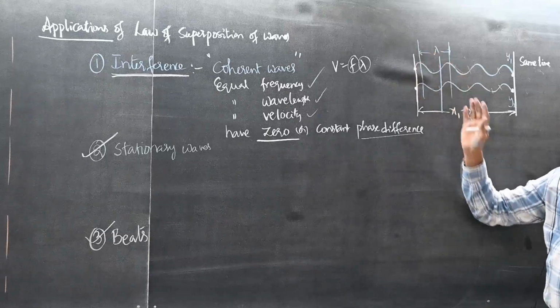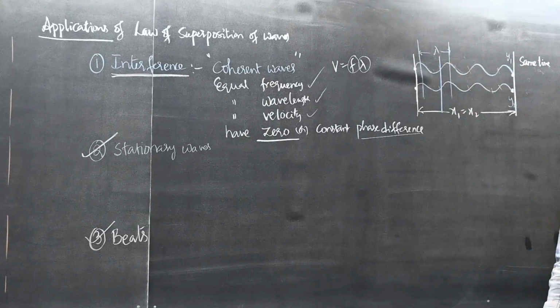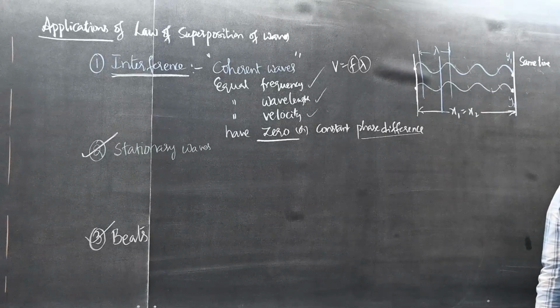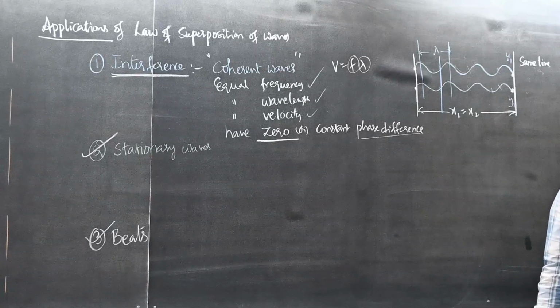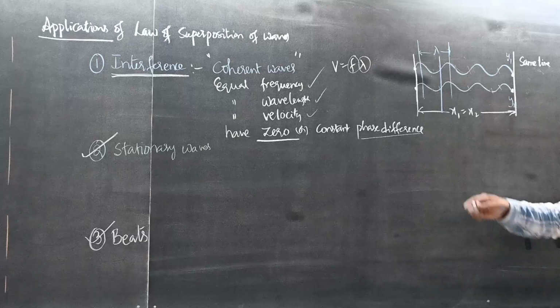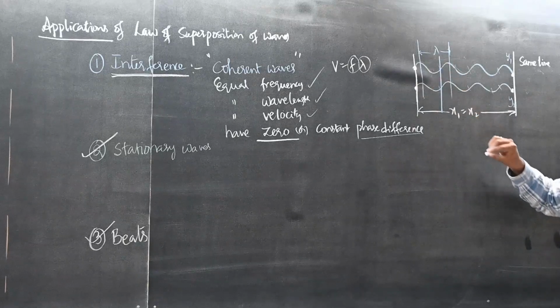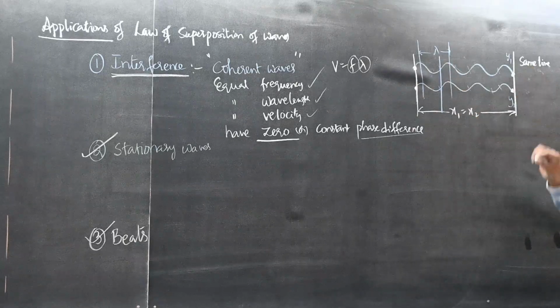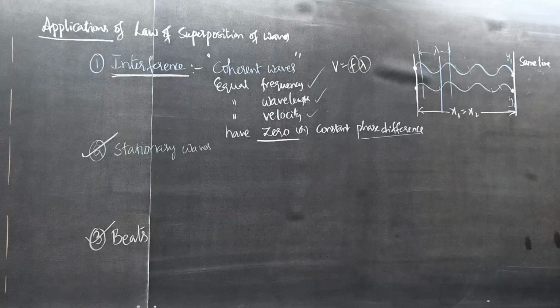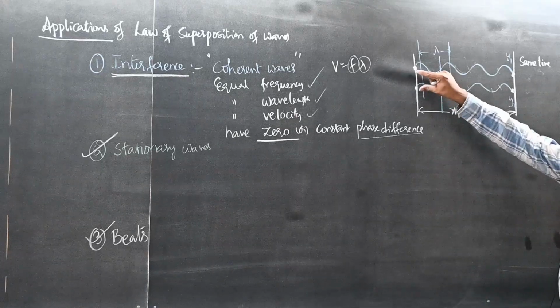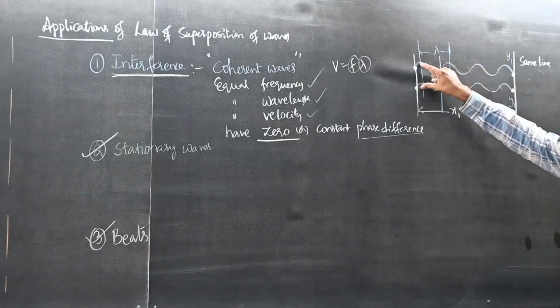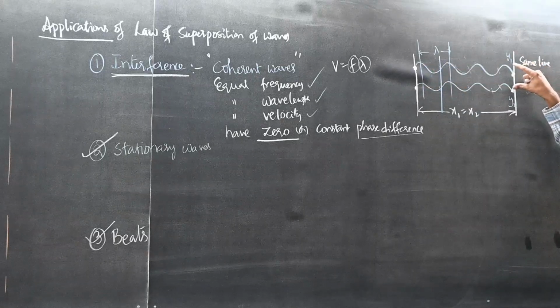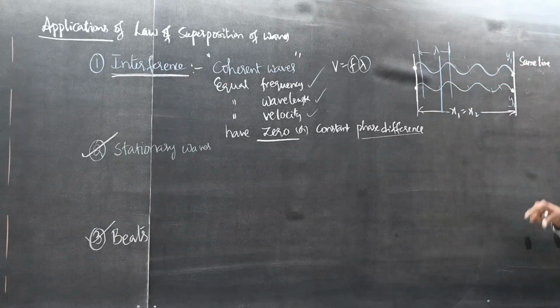They are starting here, just like you and your sibling, sister, brother, whoever it may be. When you are going to school, you are starting at the same time and you are reaching school at the same time, in general. In between, I don't know what happens, but in general you start at the same time and reach the destination at the same time.